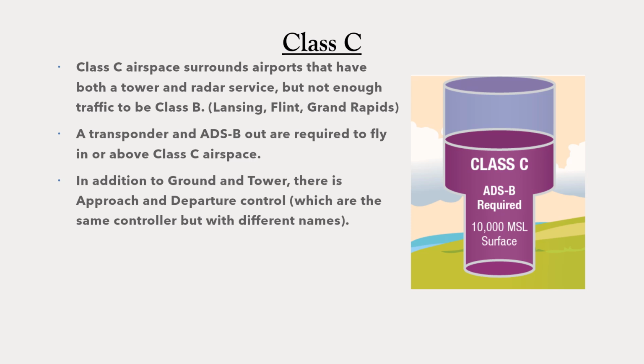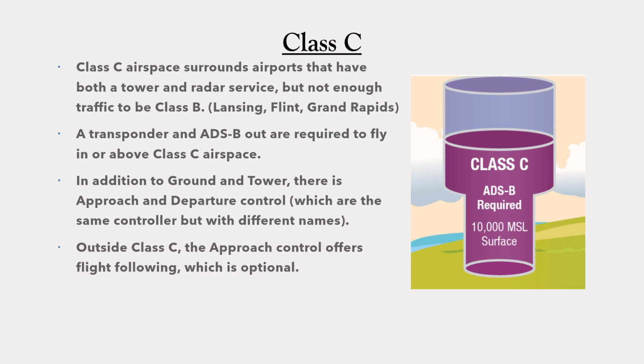So in addition to ground control and tower, there's another type of air traffic controller called the approach and departure control. It's actually the same person. We call it approach control when we're flying into the airport. We call them departure control when we're leaving, but it's the same person.